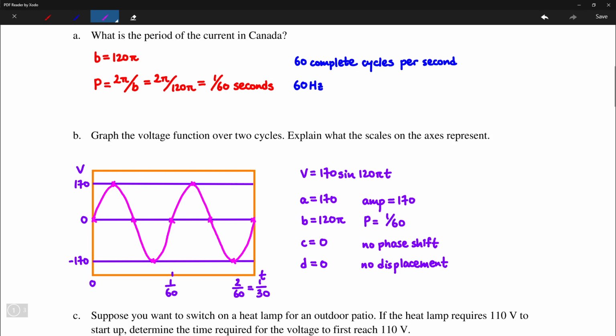Okay, so the question also asks, what do the two axes represent? This here is, of course, the voltage in volts, and on the side here, this is time in seconds.